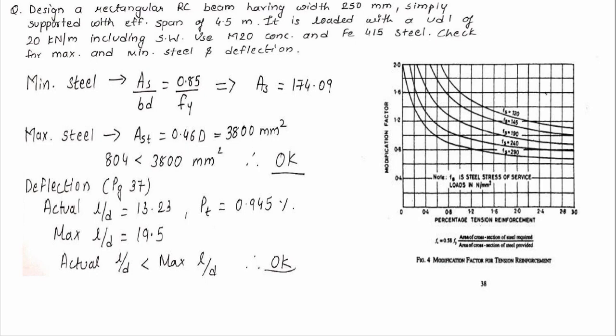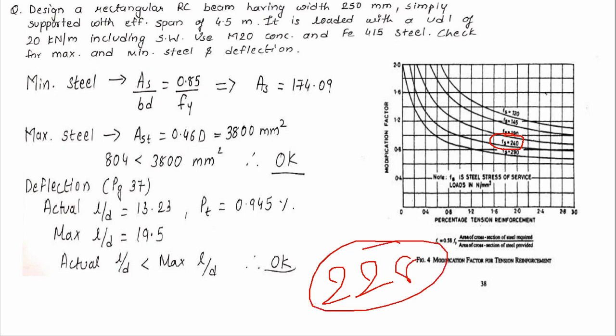In both cases the variation will be hardly 0.1 to 0.2, which can be neglected. So for our ease we will always be referring to the higher value. In this case the Fs will be taken as 240. Again the answer is 228 or something around this, but as the 228 curve is not mentioned, we will be taking the higher curve, that is 240.